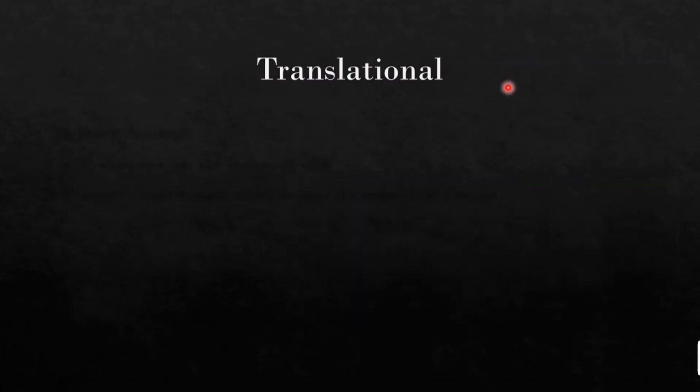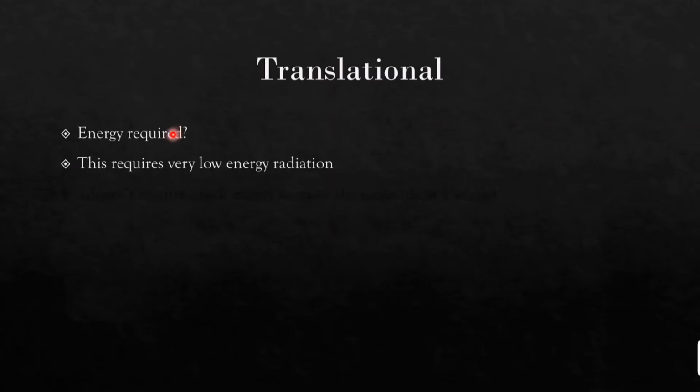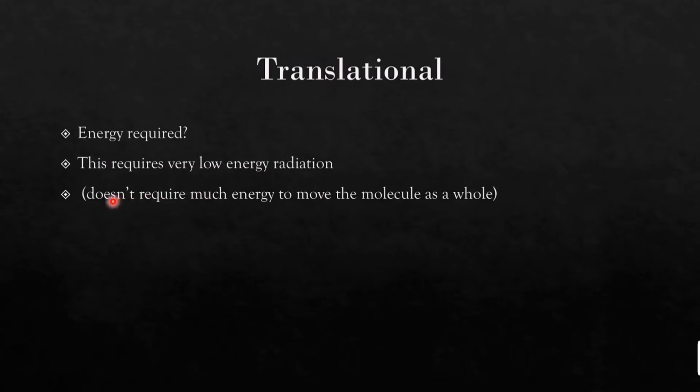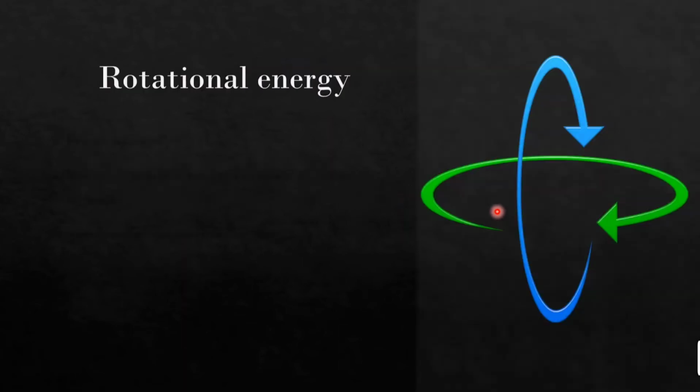So first we're going to have a look at translational. What energy is required to move the molecule as a whole? Well, translational requires very low energy radiation, because it doesn't require much energy to move the molecule as a whole. Now, rotational energy. What's the energy required to rotate a molecule?